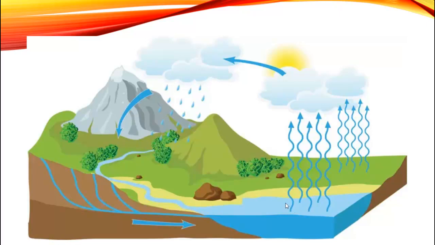Okay, let's review the water cycle again. First, evaporation and transpiration. The evaporation is from the ocean water and transpiration is from the leaves of plants.